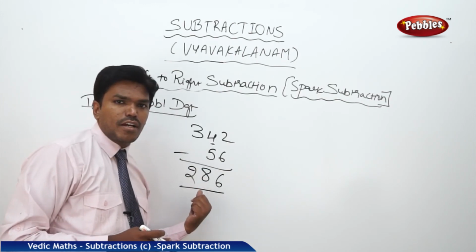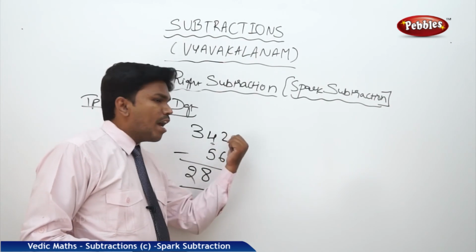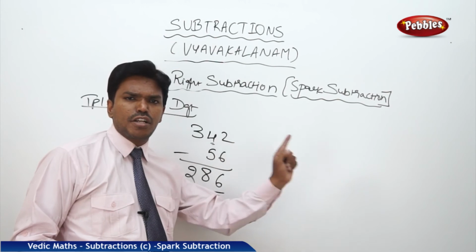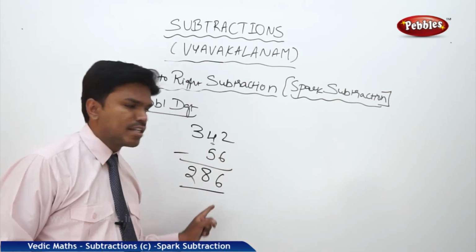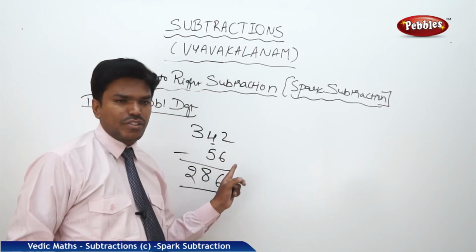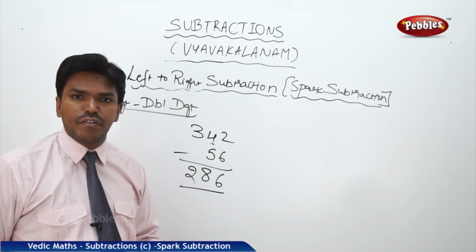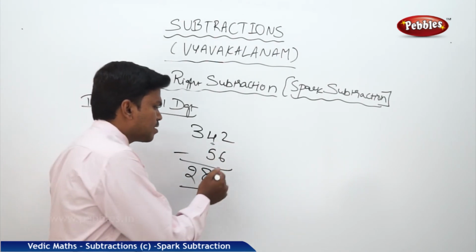So I have to write 9 here. But before writing 9, I will again check. Every time I have to check before writing the answer. Next numbers, match or mismatch? Again they are mismatched. So 9 becomes 8. Now 2 and 6 mismatch. So bring the above number and add to the below number complement. What is the below number? 6. And its complement? 4. So 2 plus 4, 6.